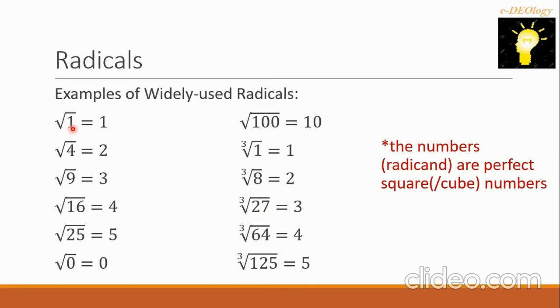Those numbers inside the radical sign are called perfect square or perfect cube numbers. The numbers 1, 4, 9, 16, 25, 0, 100 are perfect square numbers, while the numbers 1, 8, 27, 64, and 125 are examples of perfect cube numbers.